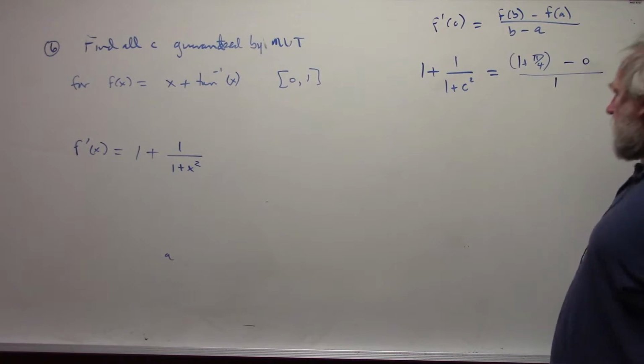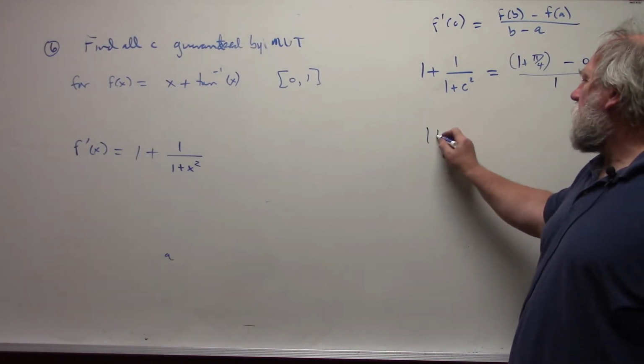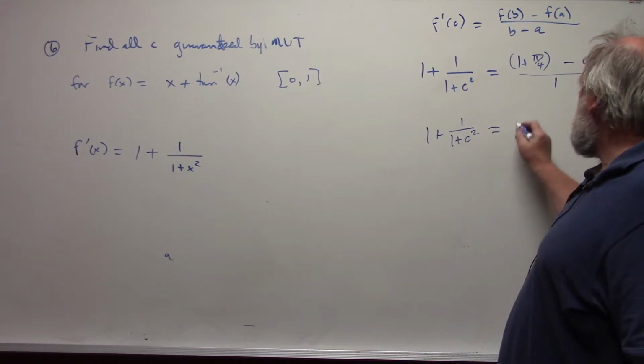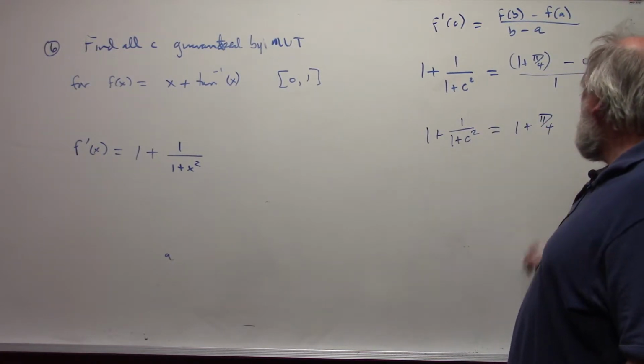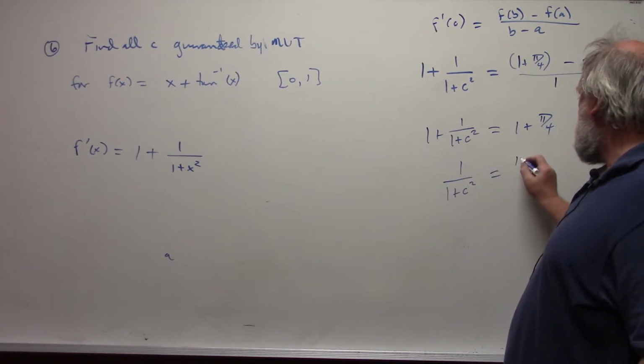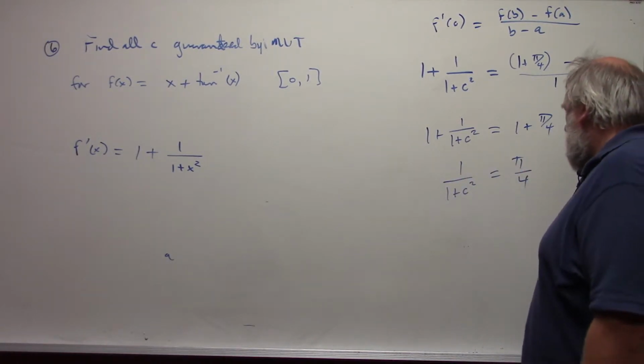And so therefore, 1 plus 1 over 1 plus c squared is equal to 1 plus pi over 4, which means that 1 over 1 plus c squared is equal to pi over 4.